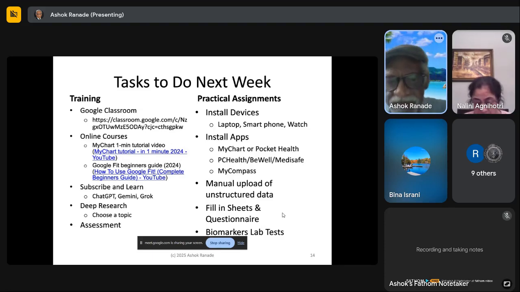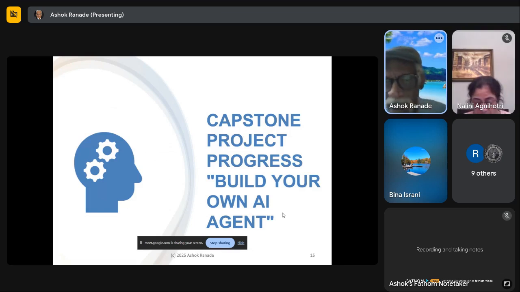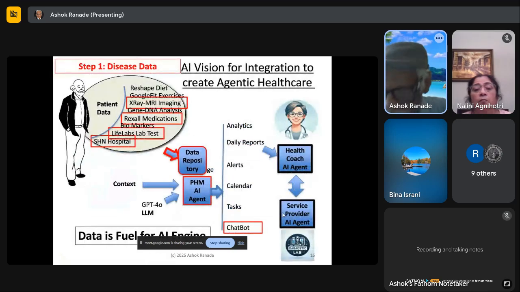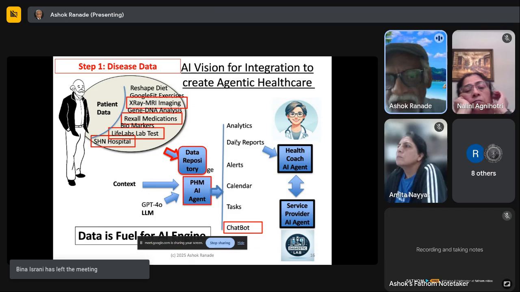I just wanted to keep you directed on where ultimately we are going. Our final AI vision is that we will have all this data being captured and a full data repository will be created, and an AI agent will generate all such outputs. This is our final goal.